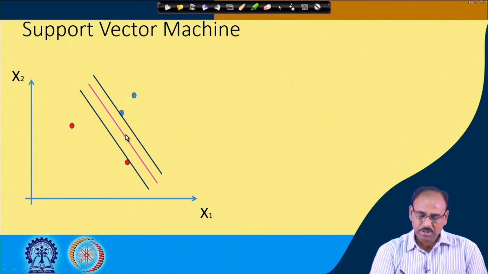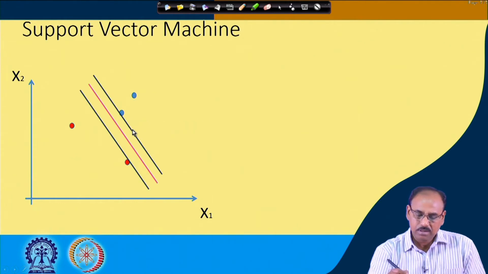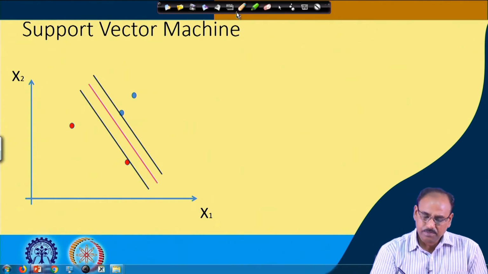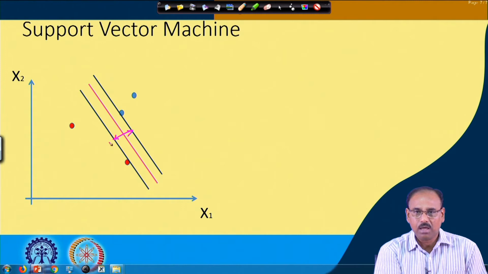So, the distance between these two planes gives me the margin, or the confidence level given by this particular classifier.